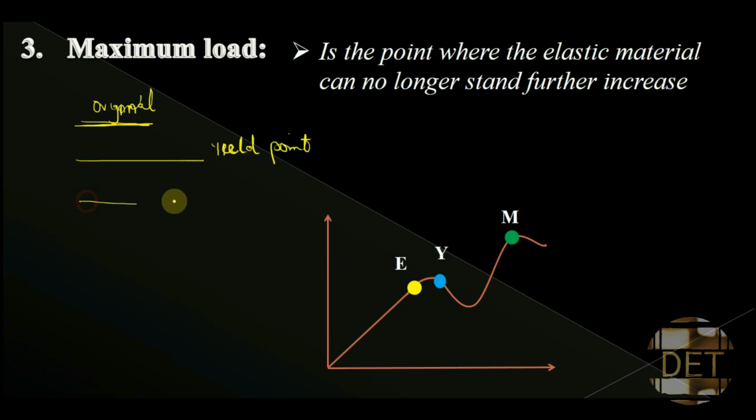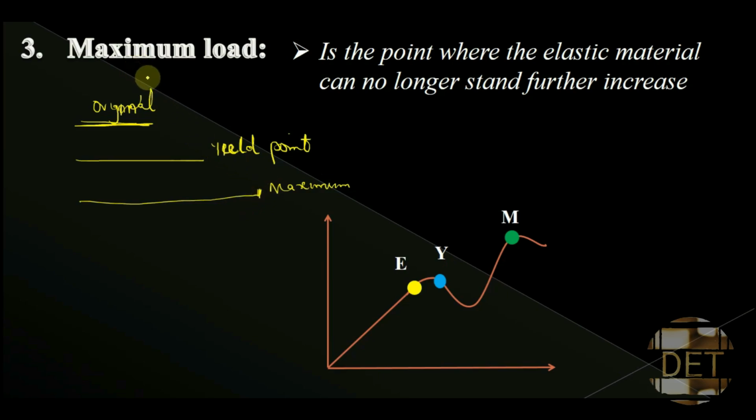Then there is a point you will get to called the maximum load. At this point, the elastic material can no longer stand any further increase. That means if you stretch this elastic material further than this point, it will break. That leads to the next point, called the breaking point.